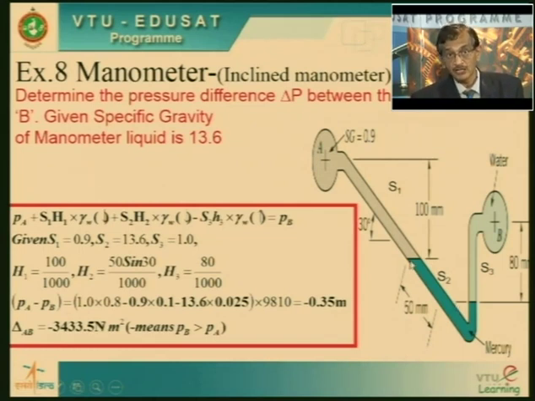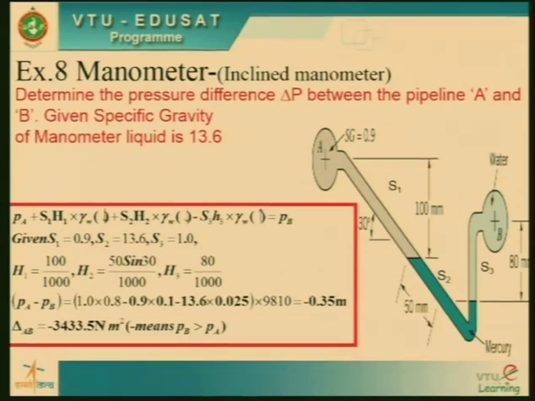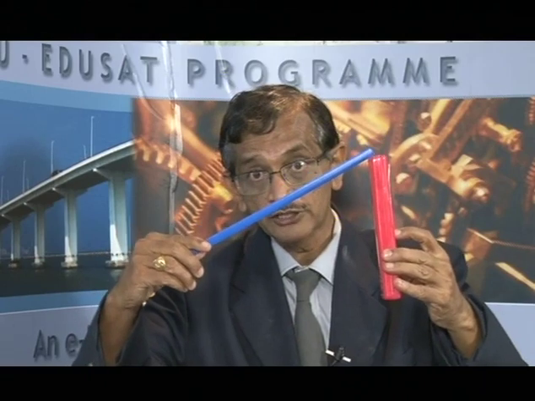As I mentioned earlier, whatever distance we are measuring along the inclined manometer, we are going to calculate the vertical distance only. So if you have 50 mm along the incline, the vertical distance is 50 sin theta, sin 30, so it will be 25 mm, no doubt.